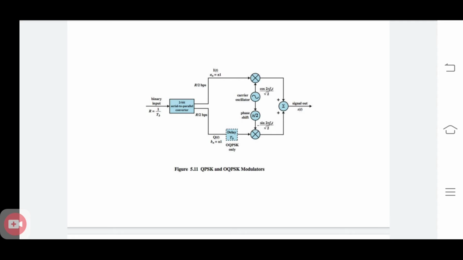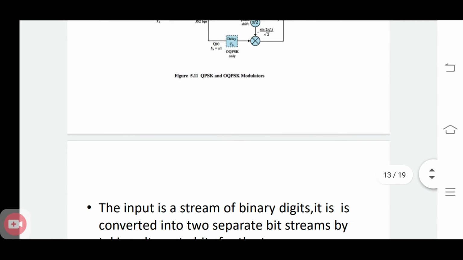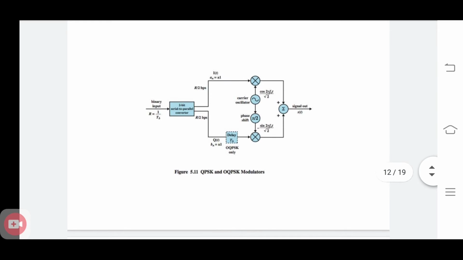By using these modulators, this figure shows the transmission of the signal. The binary input is given to a serial to parallel converter, then it is divided into 2 parts, that is signals at the rate R by 2 bps.